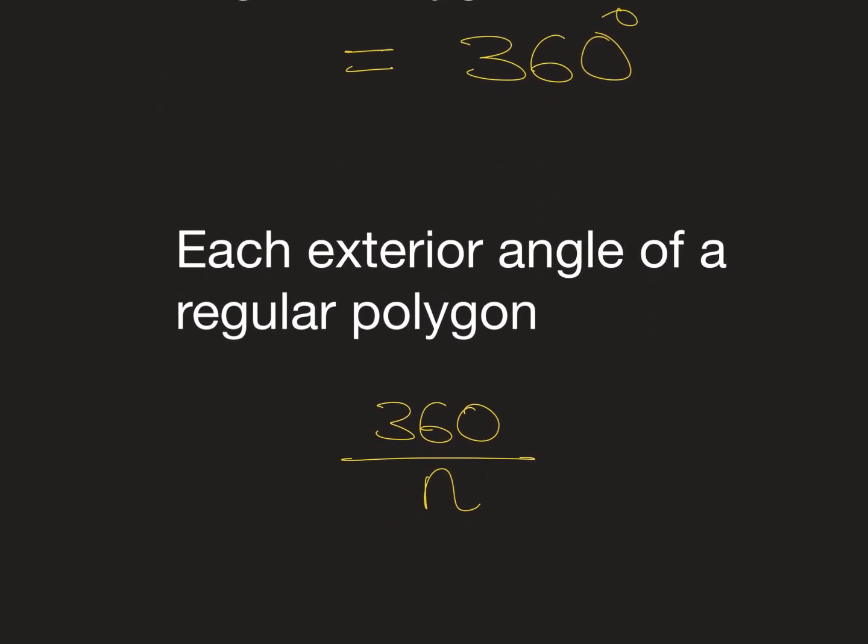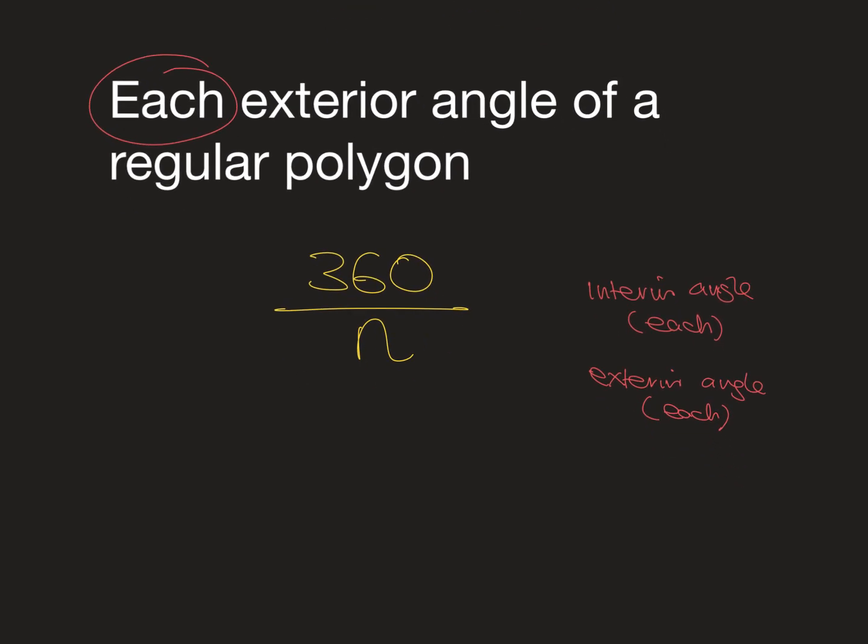So each exterior angle will be 360 divided by n. All right. They may not use the word each. So when they say interior angles, they are actually referring to each interior angle. When they say exterior angle, they are referring to each exterior angle. But if they want to find the sum, they must mention the word sum of the exterior angles or sum of the interior angles. So you cannot confuse them.